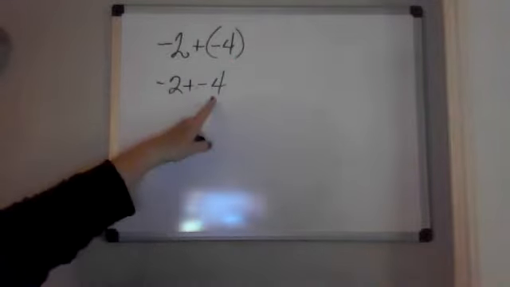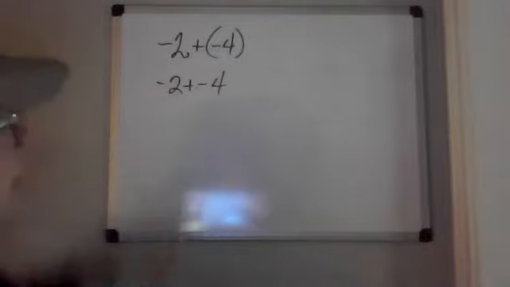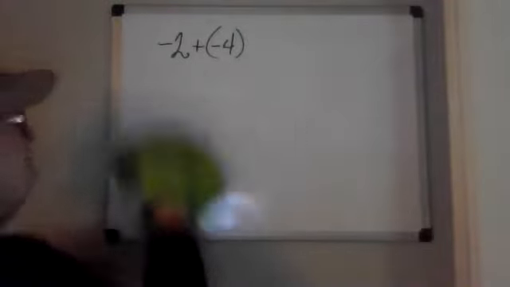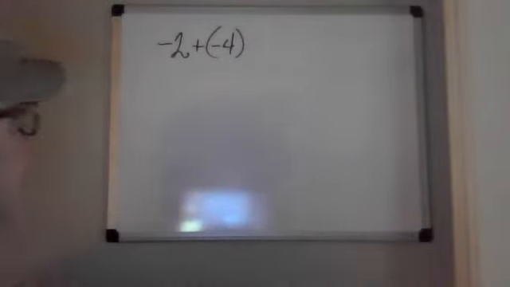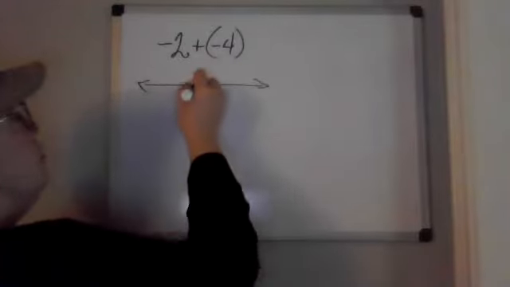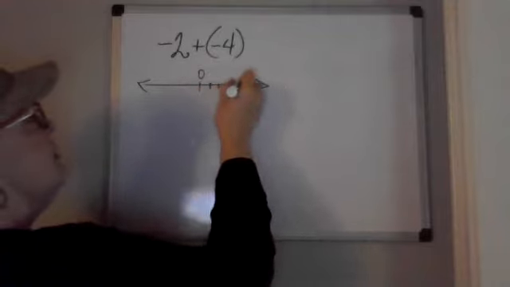It might be more confusing. So they're saying -2 plus a -4. And the parentheses don't mean anything in this case except for clarification. So if we do the number line, we're going to do several methods. You all will be able to choose your own. You don't have to know everything.